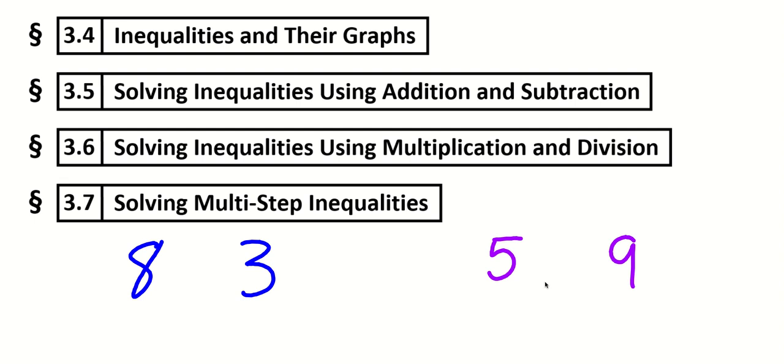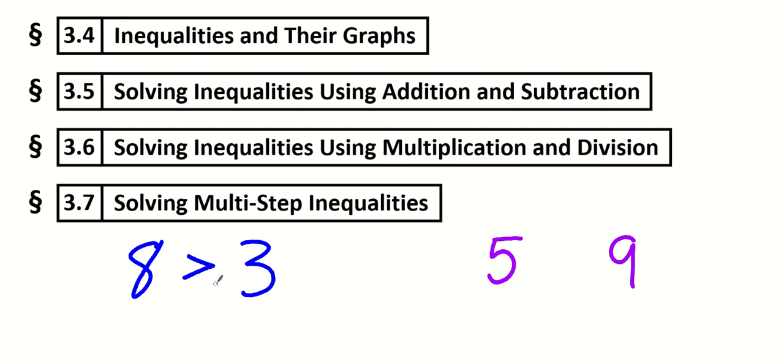But when we're looking to talk about inequalities, we want to use, remember the alligator mouth thing? So you could say that 8 is not equal to 3, or you could say that 8 is greater than 3. So that's a greater than symbol.